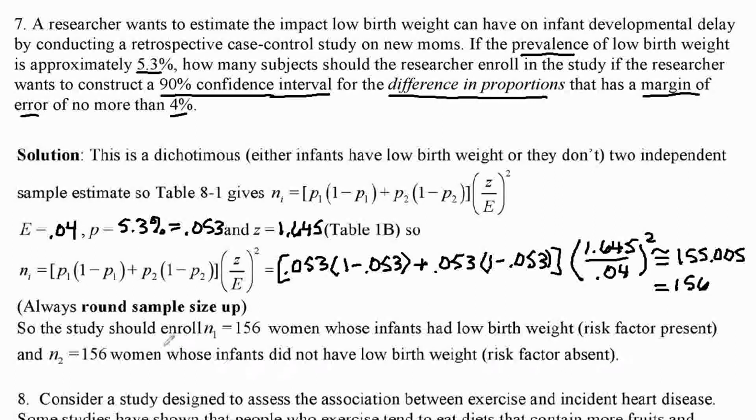So that means that we should enroll 156 women whose infants had low birth weight, and 156 women whose infants did not have low birth weight. So we are looking at 156 that had the risk factor and 156 where the risk factor was absent.